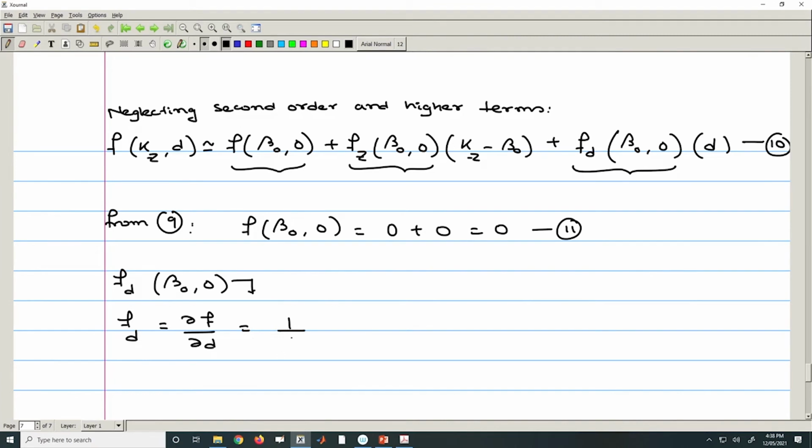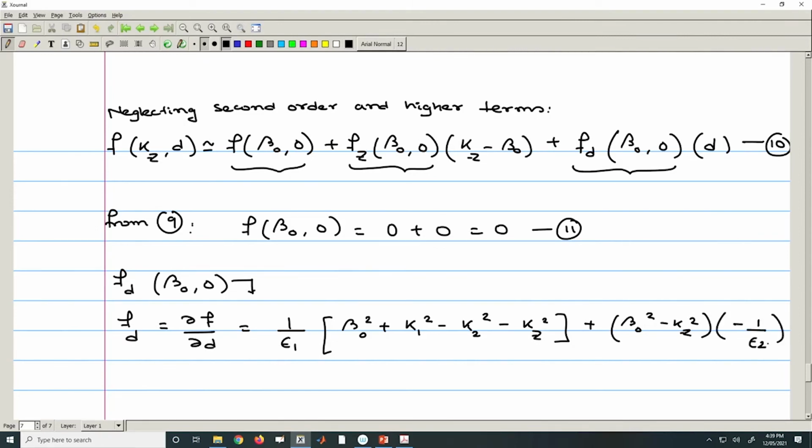From the first term we will get 1 upon epsilon 1 times (beta naught square plus k1 square minus k2 square minus k_z square), and from the second term we will get plus (beta naught square minus k_z square) times minus 1 upon epsilon 2.